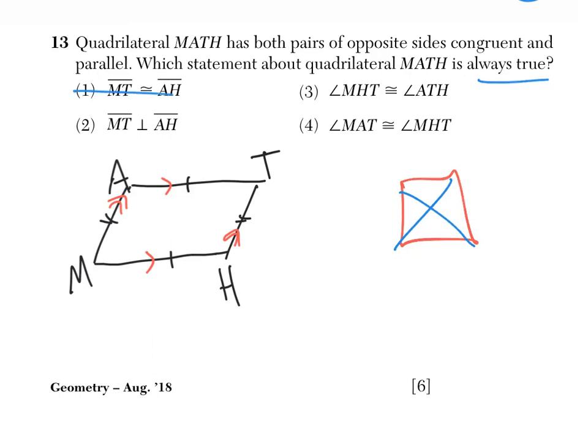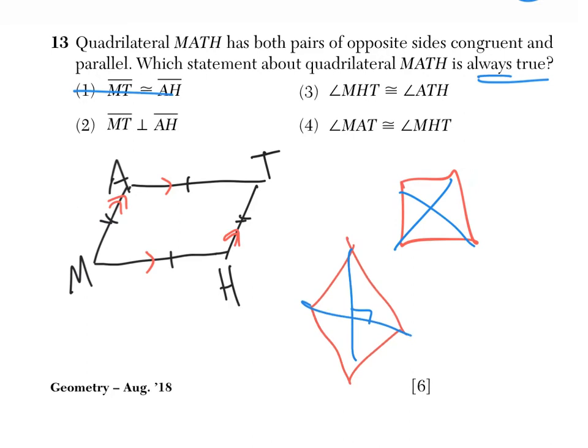Option number 2 says MT, this same diagonal, is perpendicular to EH. No, that's not true either. If it was a rhombus, that would be true, right? So if it looked a little something like this, let's pretend that's a 90-degree angle, that would be true, but it's not always true.